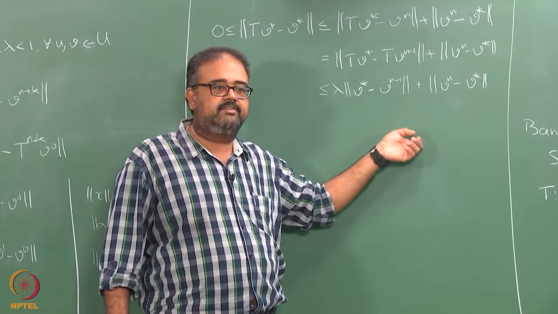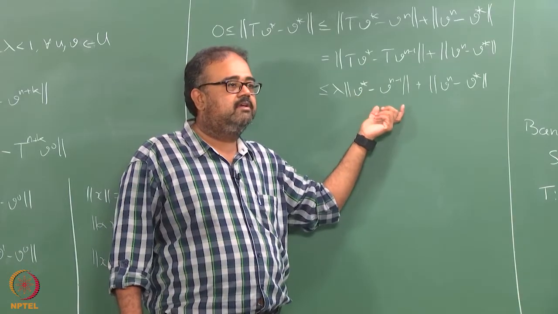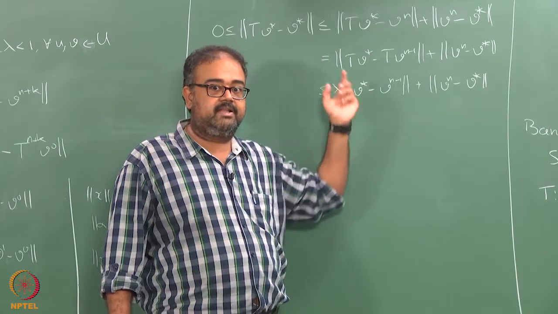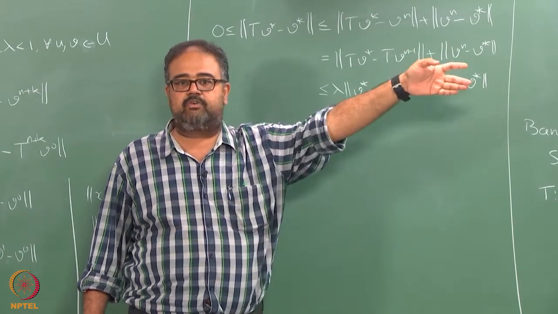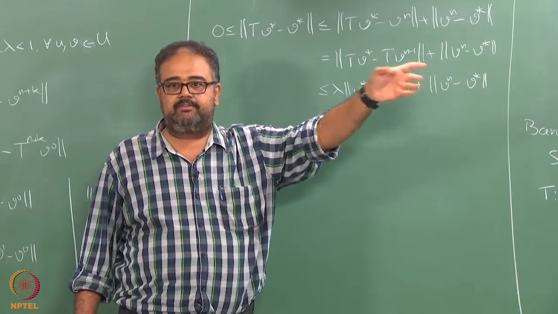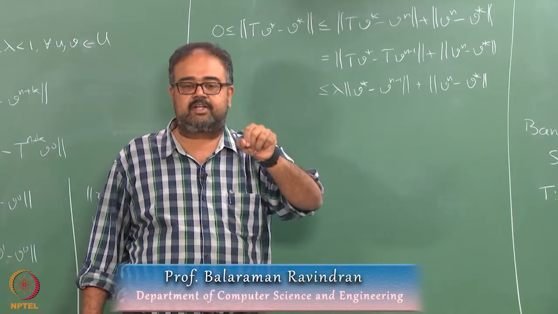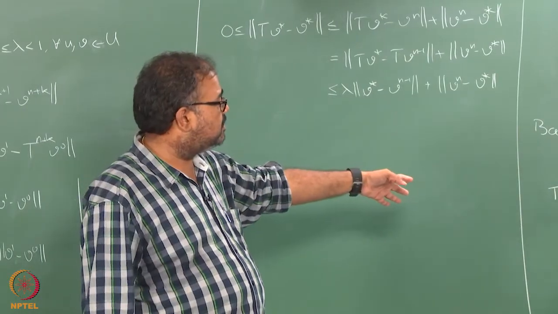So limit as n tends to infinity, V star minus Vn will go to 0. The limit as n tends to infinity is the crucial point here. If the difference stays small only when going on forever, that means it is not convergent. That is the assumption we have made.